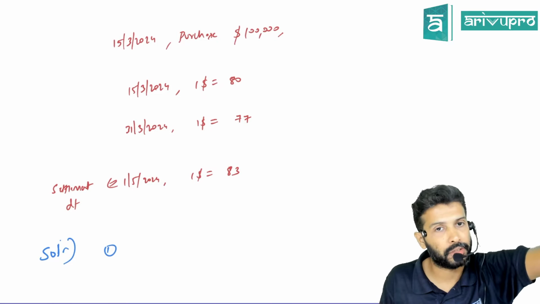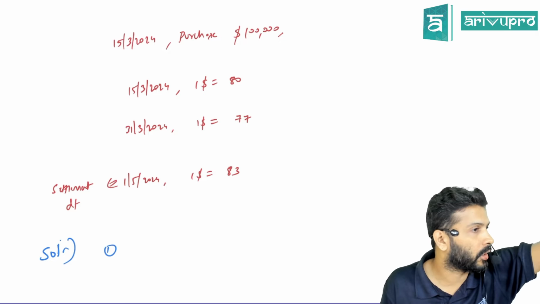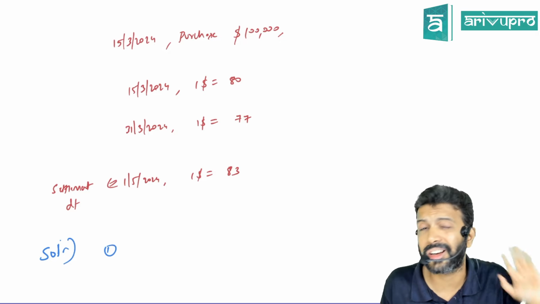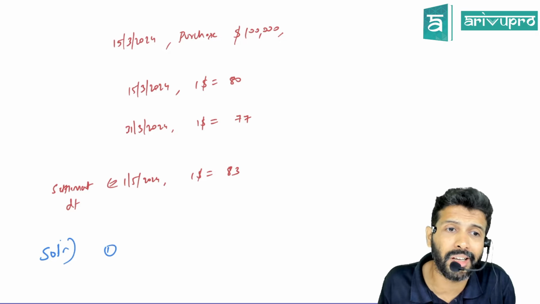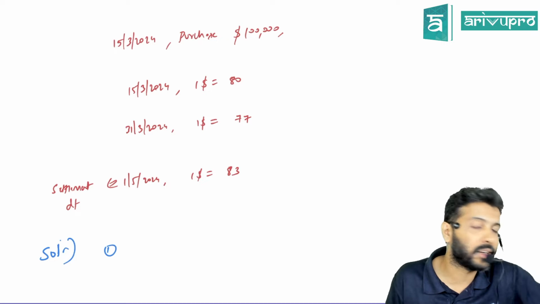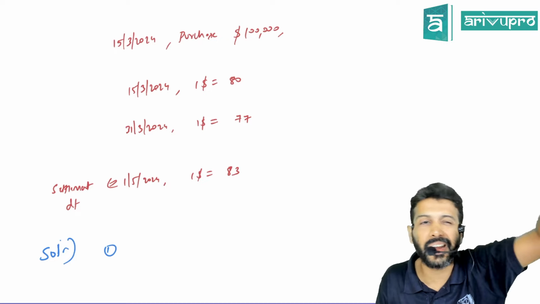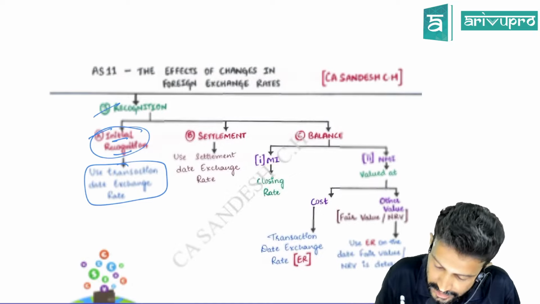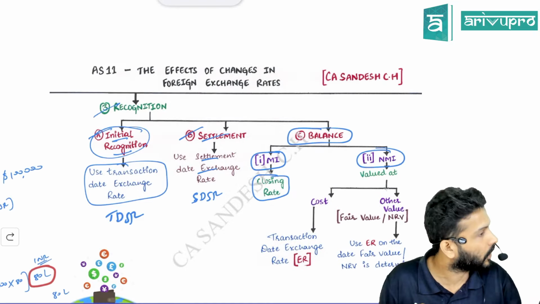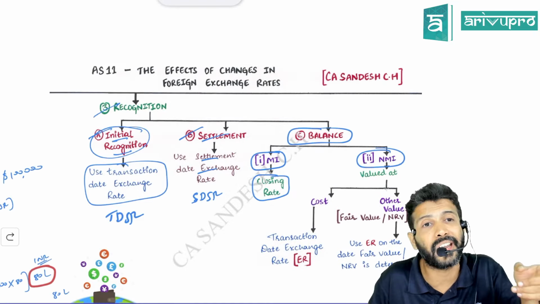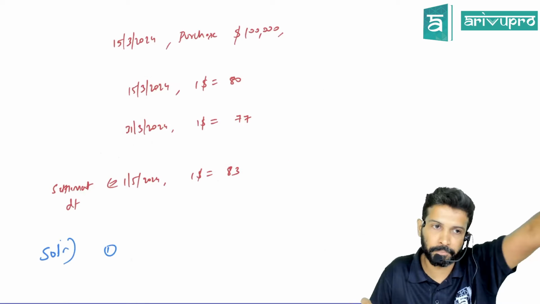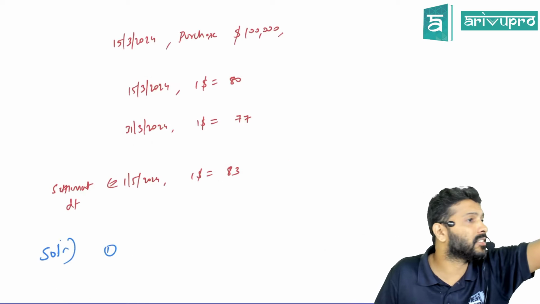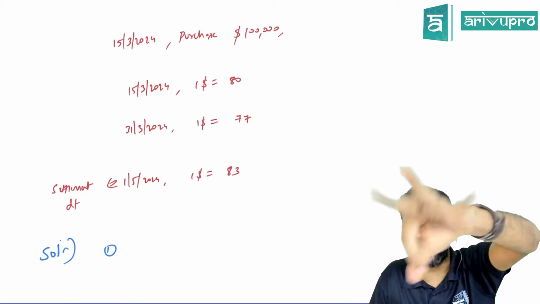All foreign currency transactions, whether monetary or non-monetary, are initially recorded using TDSR, the transaction date spot rate. You can also call it the transaction date exchange rate. Settlements are recorded at the settlement date spot rate.